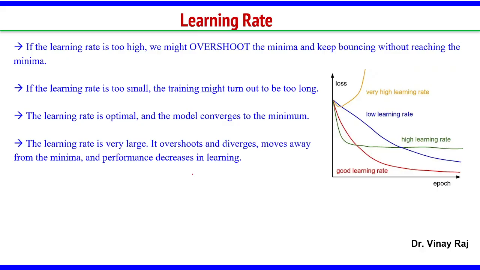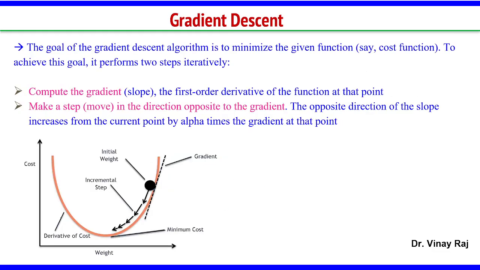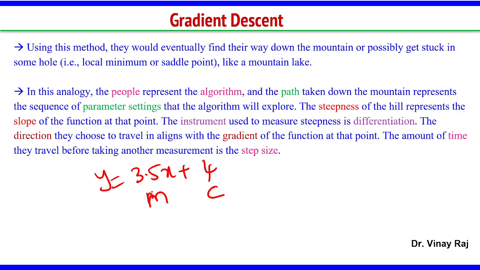What is this learning rate? What is the impact of the learning rate? Again I will go back to that: new value is equal to old value minus alpha times the slope. In this example, the steepness of the hill represents the slope.